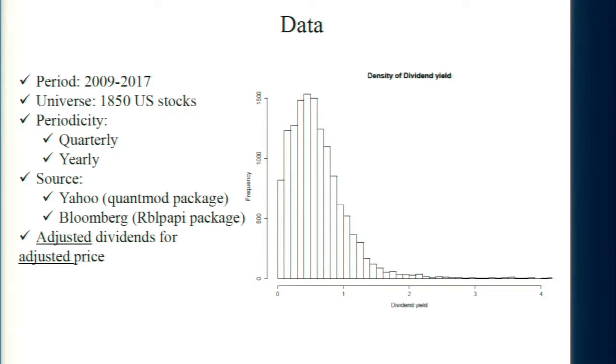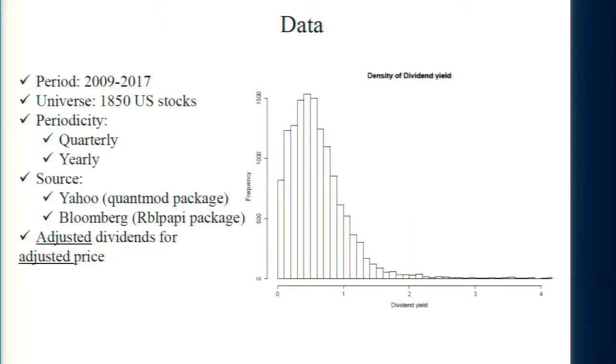The data was from Yahoo Finance, and we used the quantmod package, and we also tried to use data from Bloomberg. Thank you, Dirk, for the Bloomberg package in R. We have a universe of 2,000 US equities with quarterly and yearly dividend periodicity.